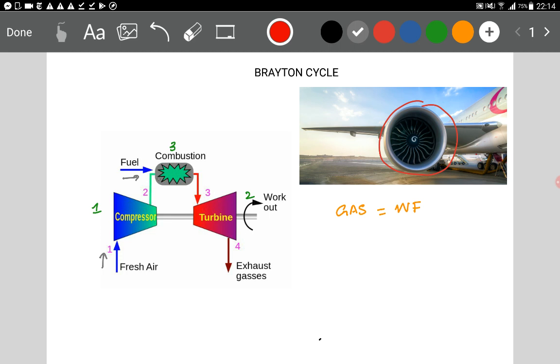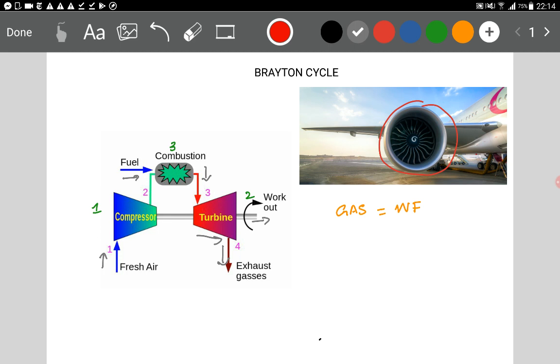This compressed air then enters the combustion chamber, where you also supply the fuel and the spark, and the combustion happens and the temperature of the gas is raised very high. This high temperature, high pressure gas is then expanded in the turbine, and during that expansion you extract the work and exhaust gases are exhausted to the atmosphere.